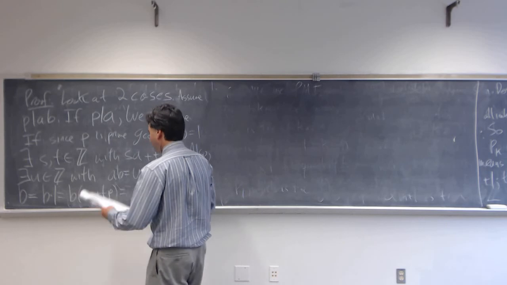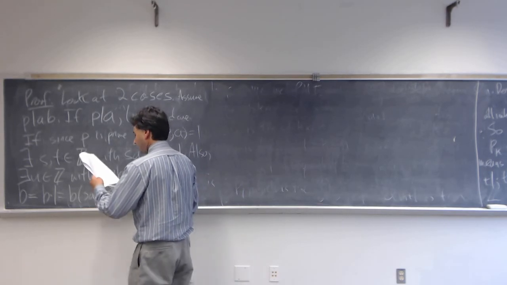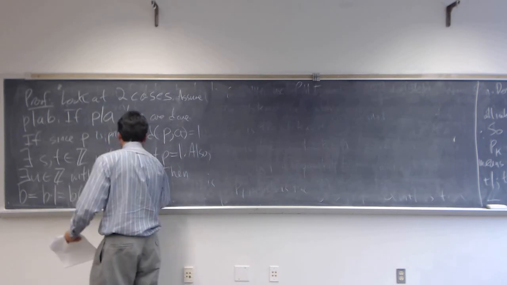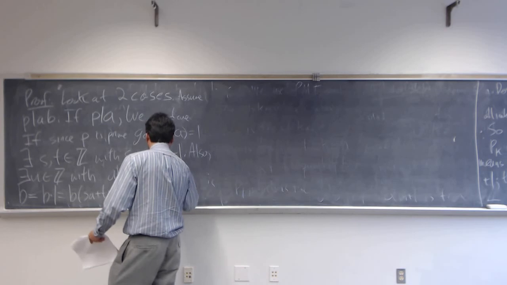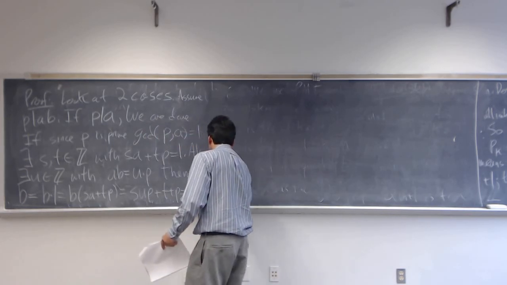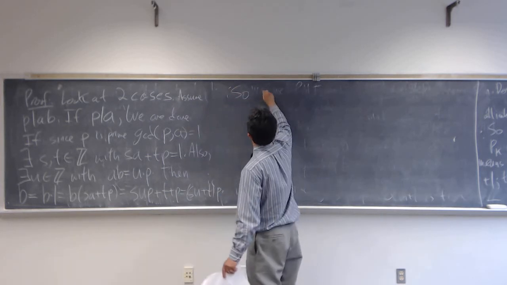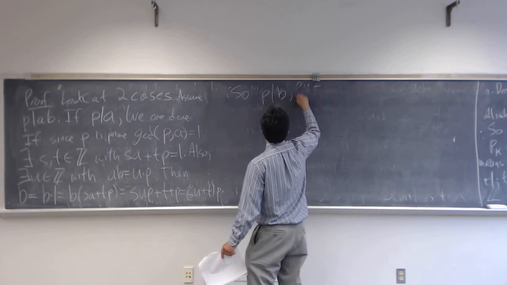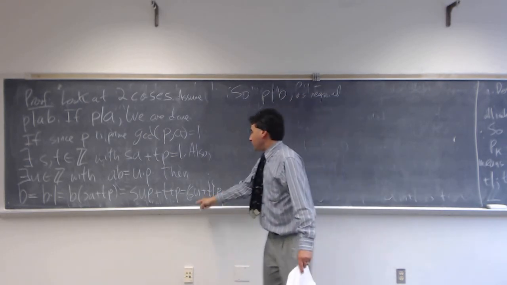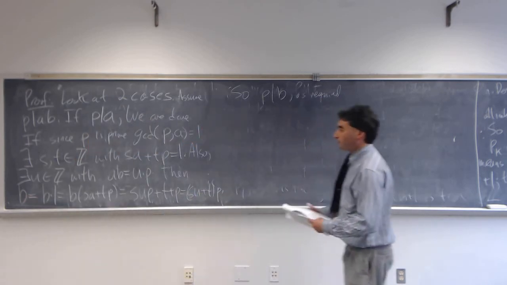But shuffling around, that gives us SAB, which is SUP plus TBP, or SU plus TB times P. So what does that tell us? I think that tells us P divides B as required, since we've gotten B is equal to an integer times P.